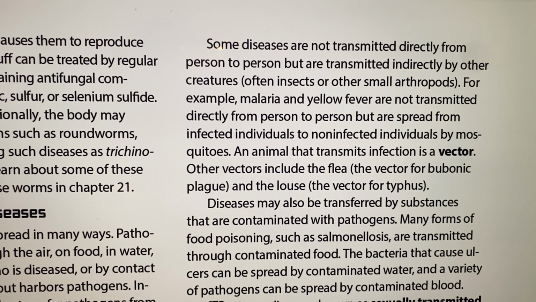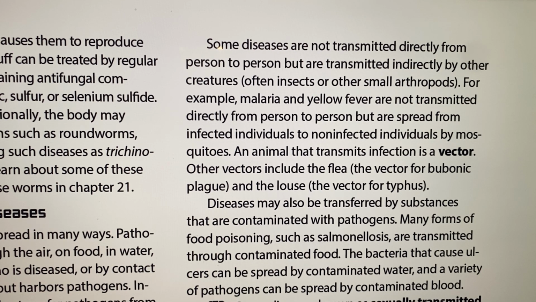A vector could be a mosquito, a louse, like lice, or fleas. A flea vector was involved with the bubonic plague. Fleas were actually on rats. These rats had these fleas, and the fleas carried the disease of the bubonic plague and killed many people, but this bacteria was on the flea.